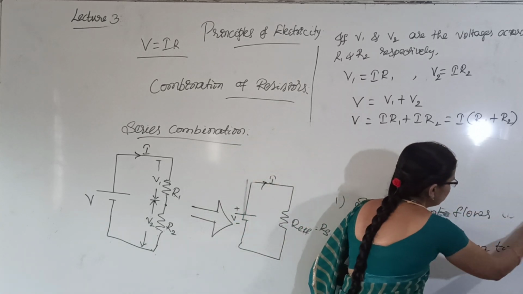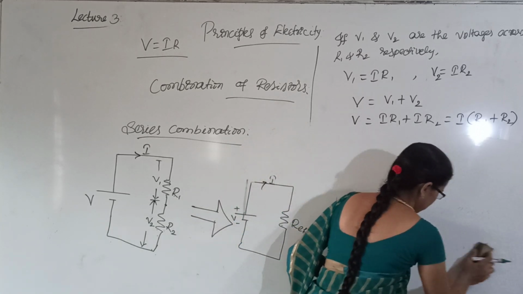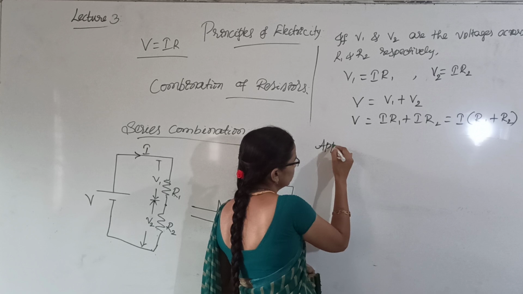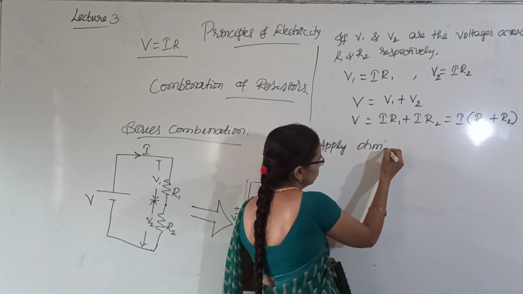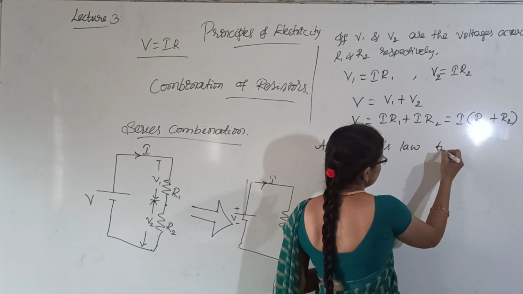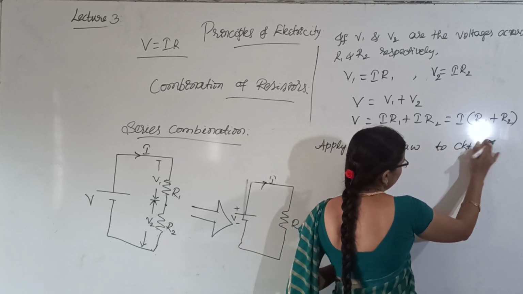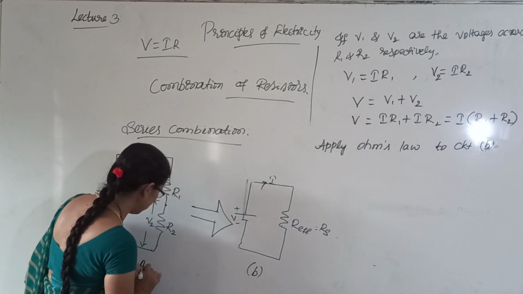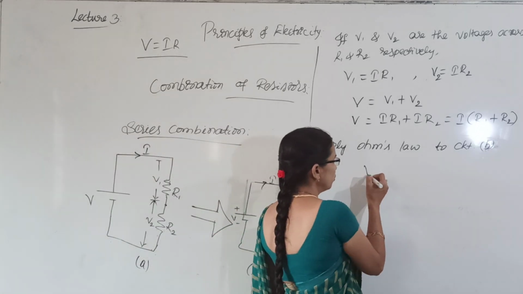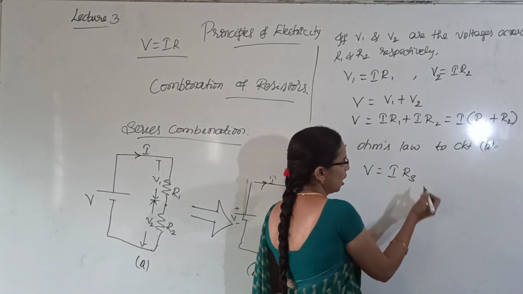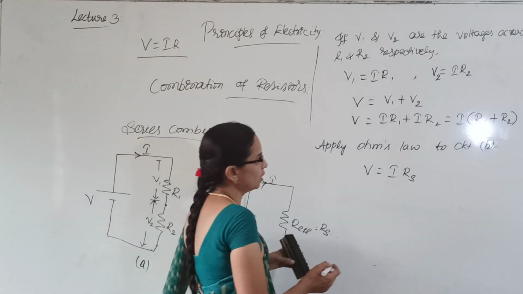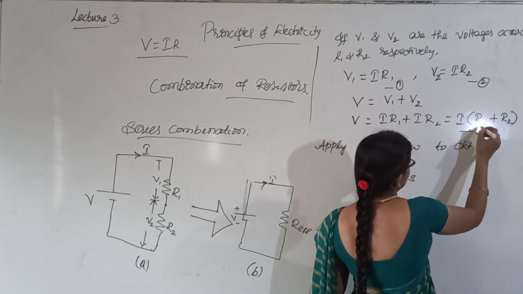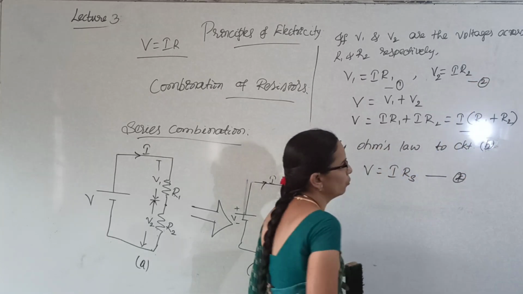After this, if I apply Ohm's law to circuit B, it's circuit B, circuit A. What happens? V is equal to I Rs. Call this equation 1, equation 2, equation 3, and this equation 4.